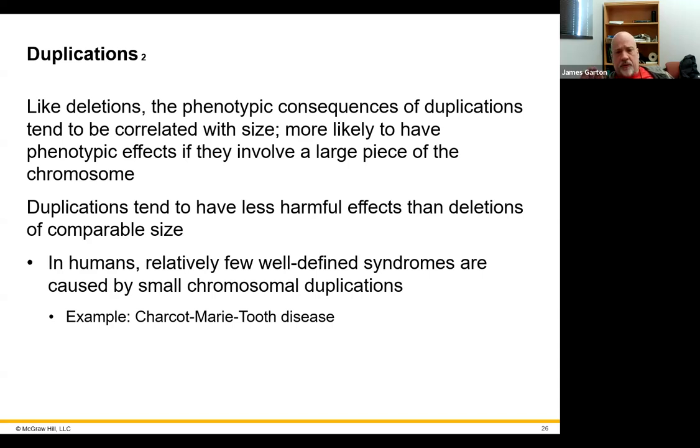And there are some well defined syndromes caused by duplications. One example is a disease called Charcot-Marie-Tooth disease. It results in, among other things, problems in the nervous system that innervates your extremities.